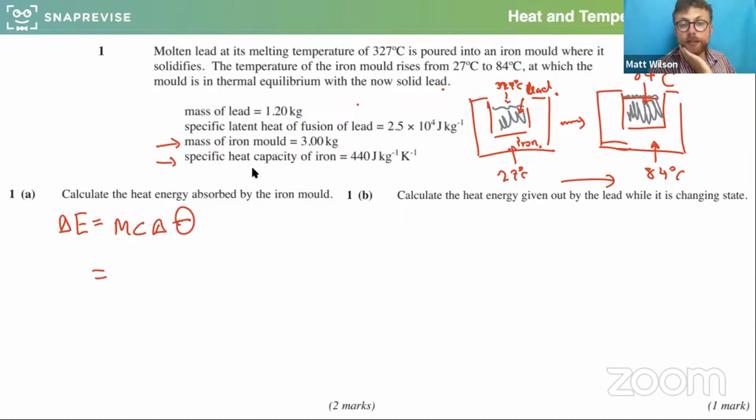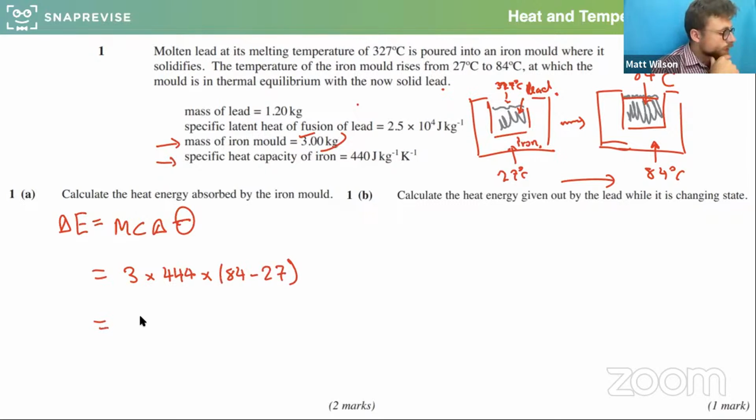We know the mass. The mass is 3 kilograms. The specific heat capacity is 440, and the change in temperature is 84 minus 27. Now, notice that I didn't bother to change into kelvins here, and that's because we're dealing with a temperature difference, and the difference in temperature is the same in degrees as it is in kelvin.